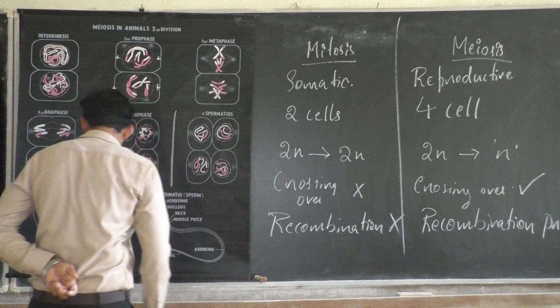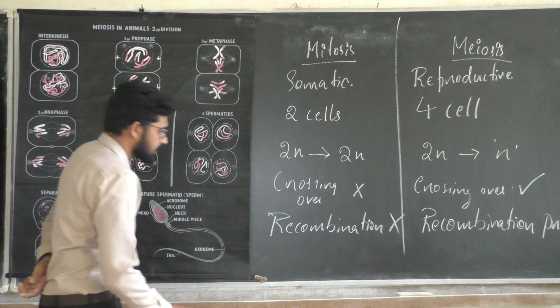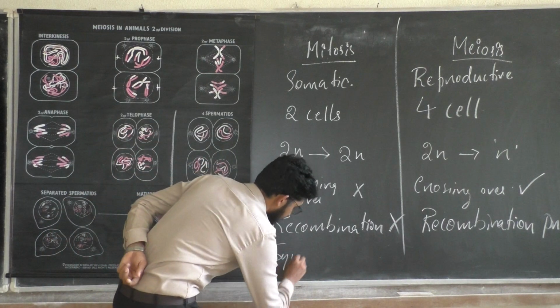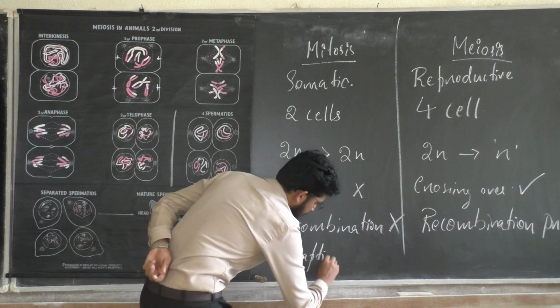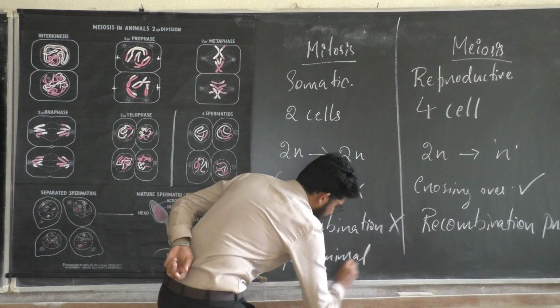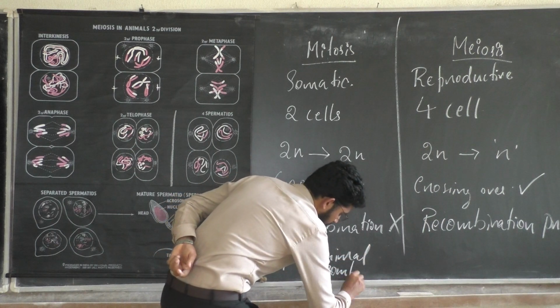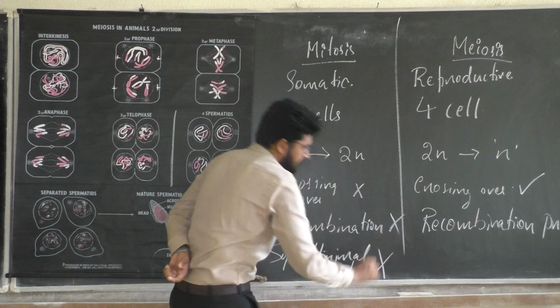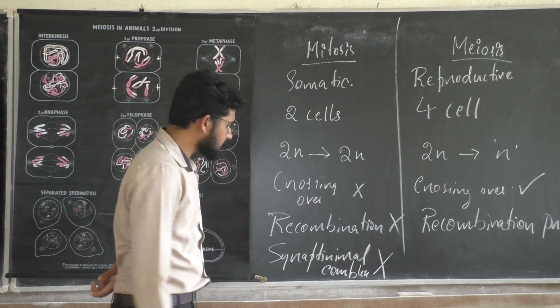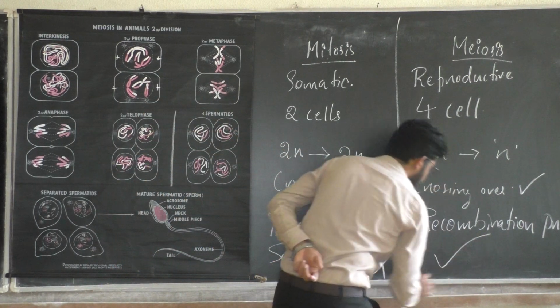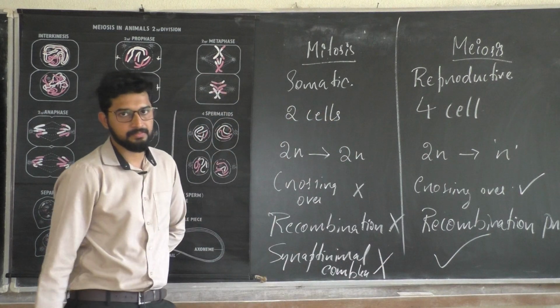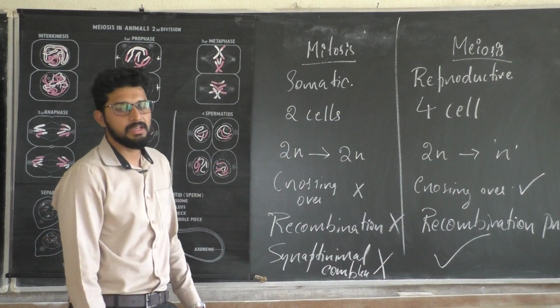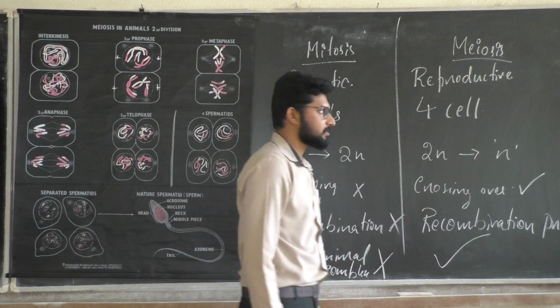Then in mitosis, the synaptonemal complex is absent, but in meiosis, the synaptonemal complex is present. These are some differences between mitosis and meiosis.